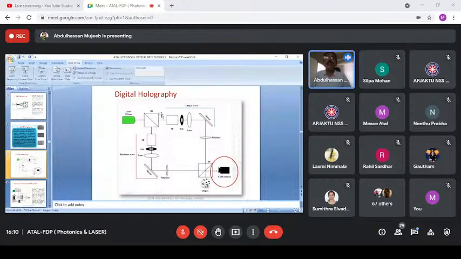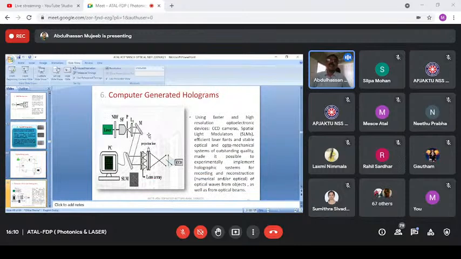This is a cube beam splitter. There are plate beam splitters and cube beam splitters. The light is split into two, and the two beams are made to interfere and fall on a CCD camera. The computer generated holograms can be produced using the CCD cameras.